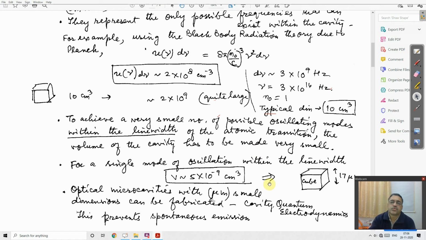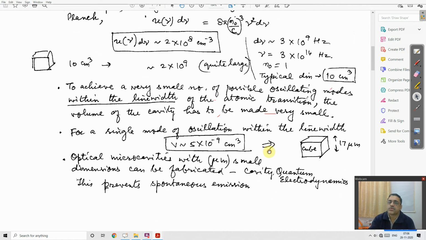For a single mode of oscillation within the line width, what must be the volume? The volume must be of the order of micrometers.